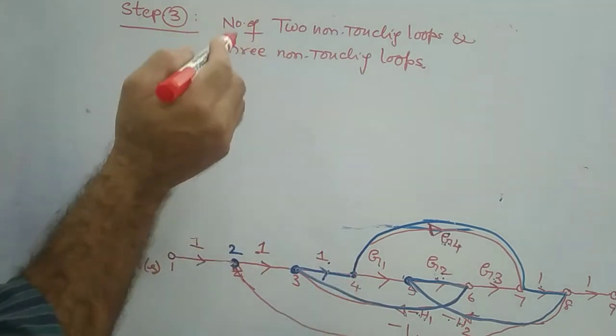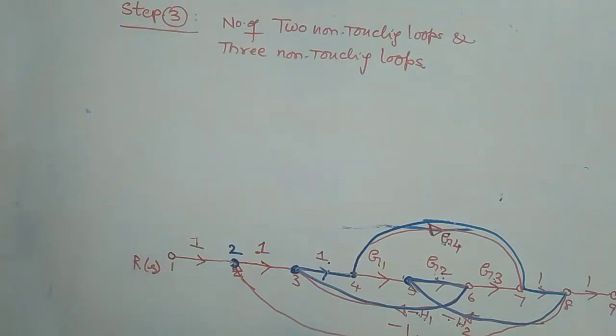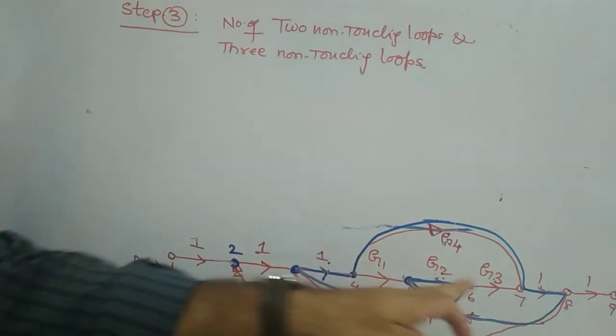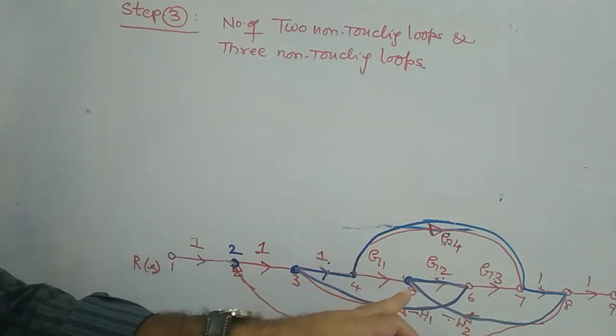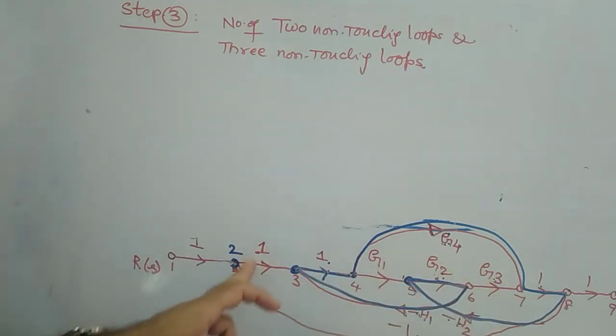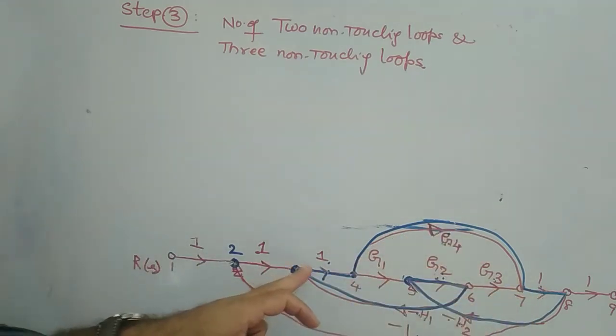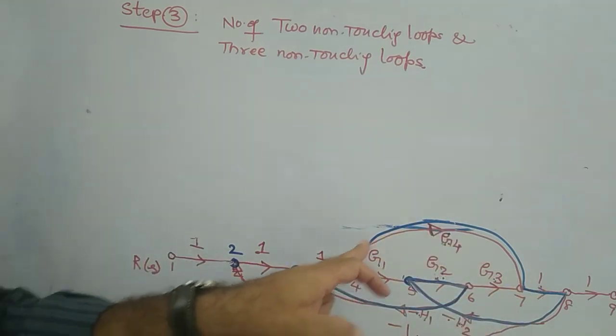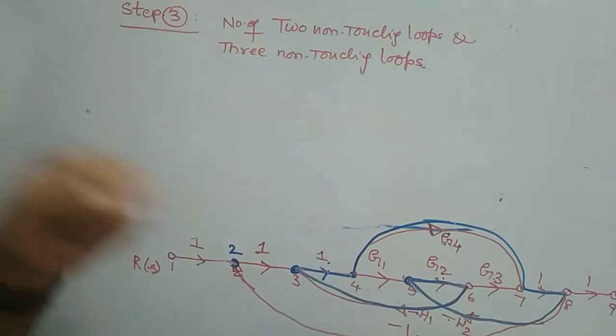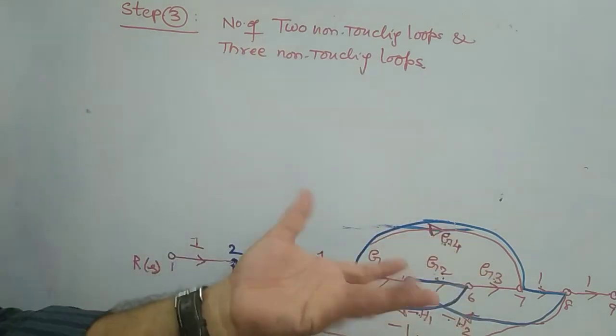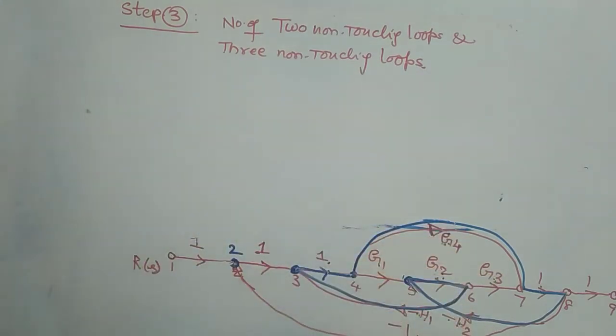Therefore, for this step, the first loop we consider, this is the second, this is the third, this is the fourth, and this is the fifth, which I indicated with the blue one. All are touching each other.